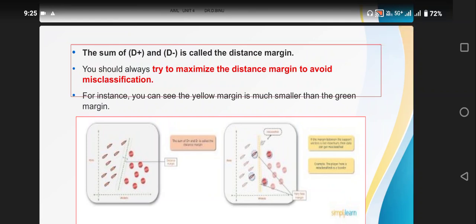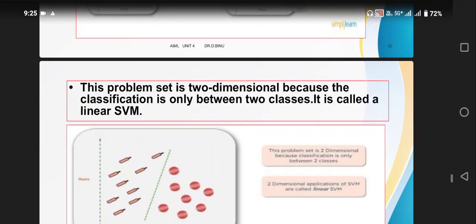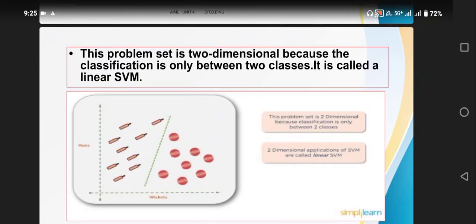You should always try to maximize the distance margin to avoid misclassification. You can see the yellow margin is much smaller than the green margin. This problem set is two-dimensional because the classification is only between two classes. It is called linear SVM.